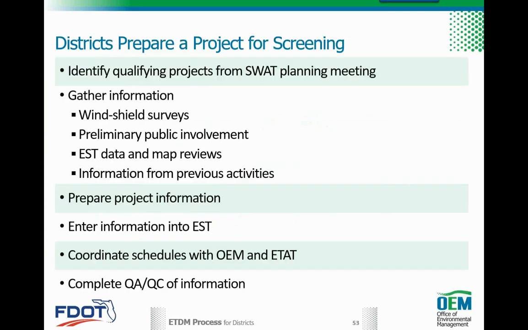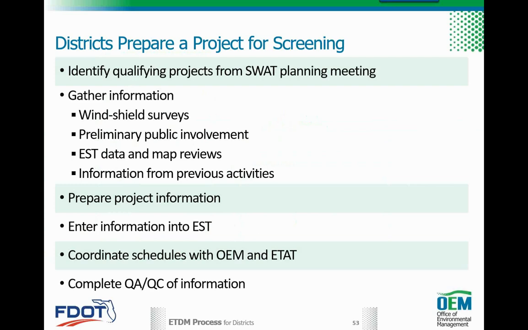As you're developing the projects for screening, you're engaging, you're identifying where these projects are coming from. There's lots of different sources. They can be coming from the MPOs. They can be coming from your SWAT planning meetings, that statewide acceleration transformation team meetings, where you're getting together with those interdisciplinary folks trying to identify what are the projects that should go through these various screening events that make the most sense.